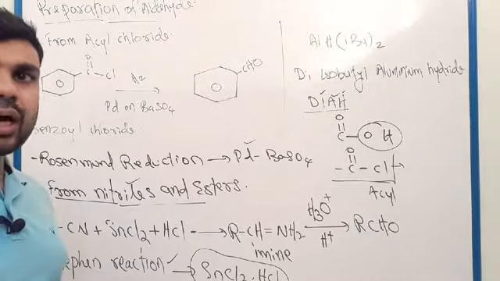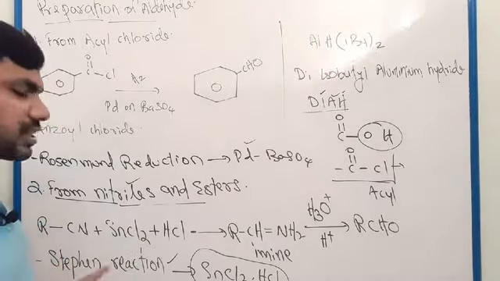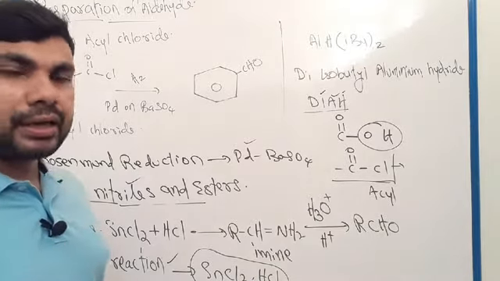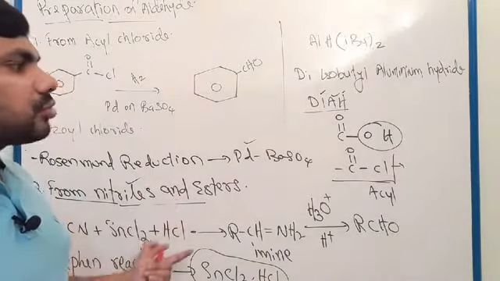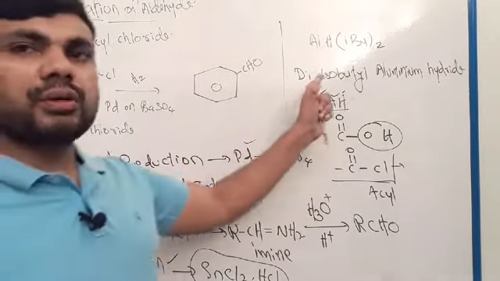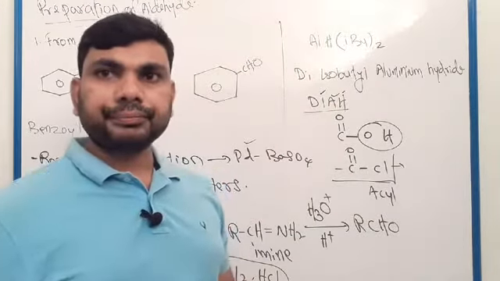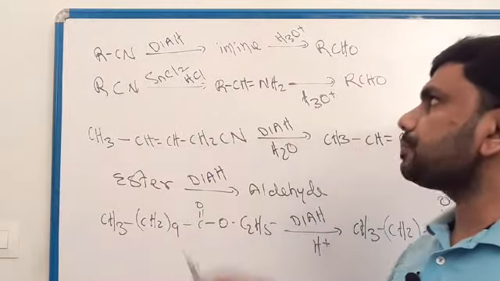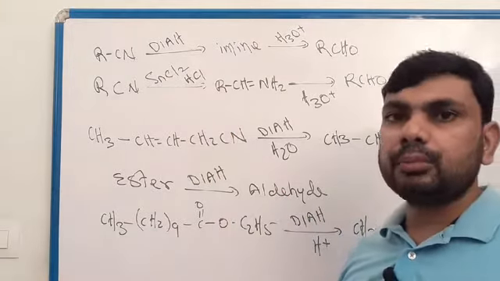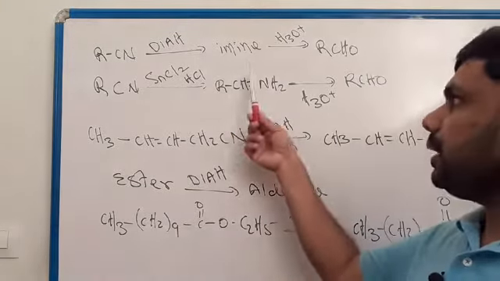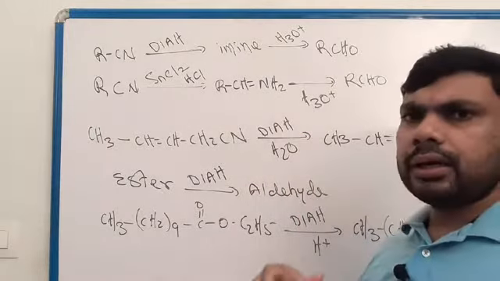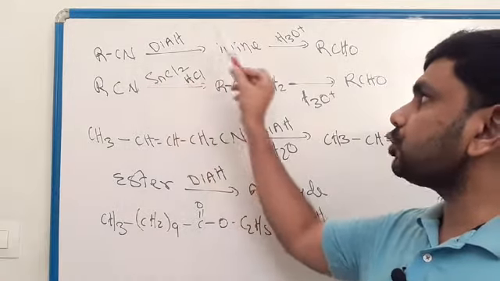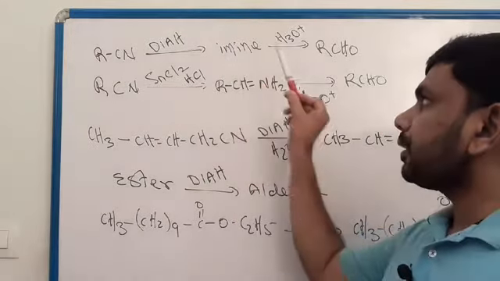First one, SnCl2 and HCl, that chemical reaction is Stephen reaction. Also we can use diisobutyl aluminum hydride. Nitriles will change to aldehyde in the presence of this reagent. Clear? Nitriles in the presence of diisobutyl aluminum hydride change to imine, then imine changes to aldehyde.